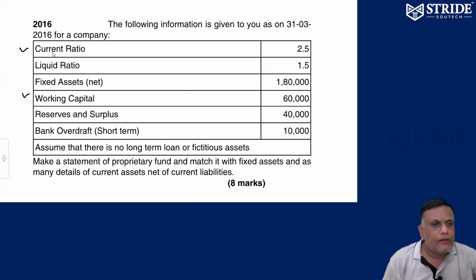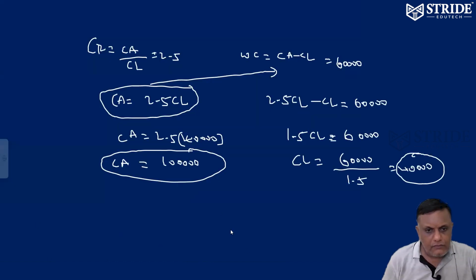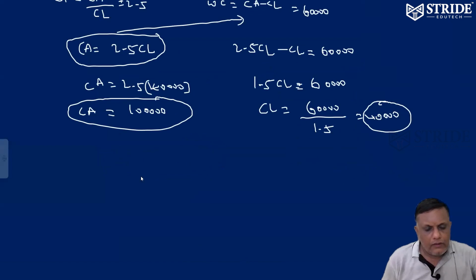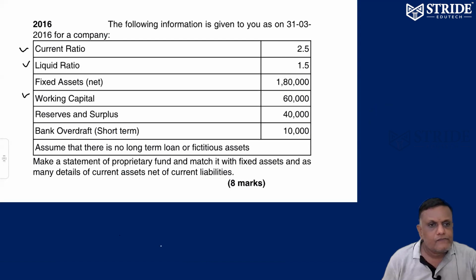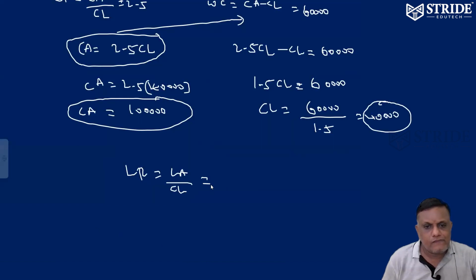Next, check with liquidity ratio. Liquid ratio, that is 1.5. Liquid ratio is equal to liquid asset by current liability, that is equal to 1.5.